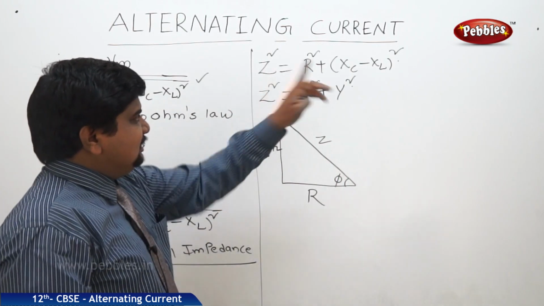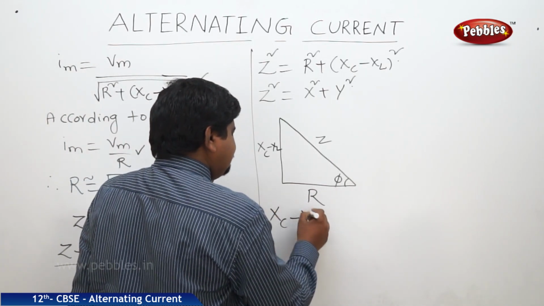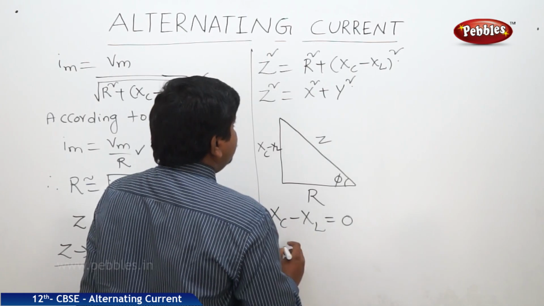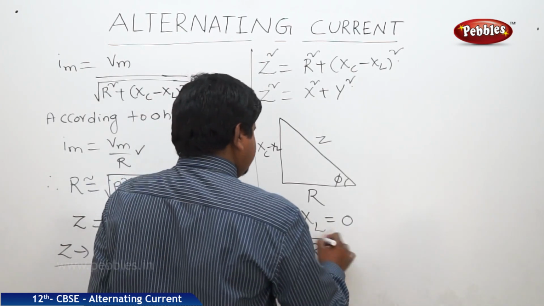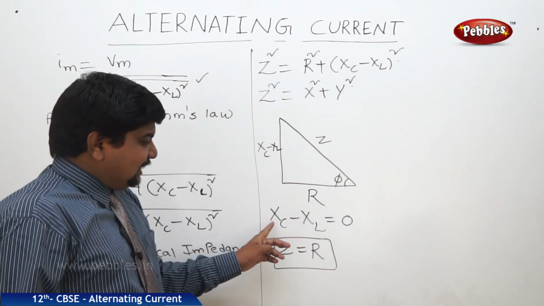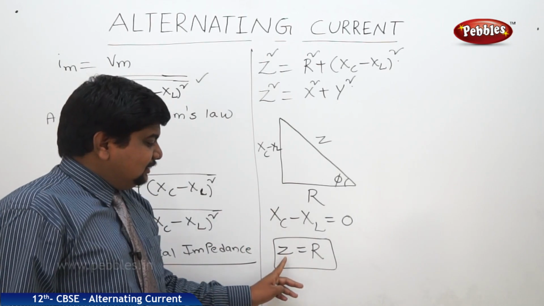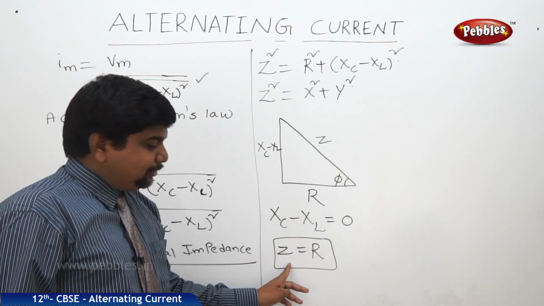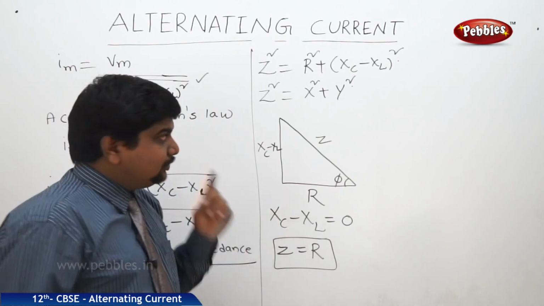If Xc minus XL is equal to 0, we can write Z is equal to R. This means capacitive reactance is equal to inductive reactance, then the total impedance of the circuit will become the resistance of the circuit.